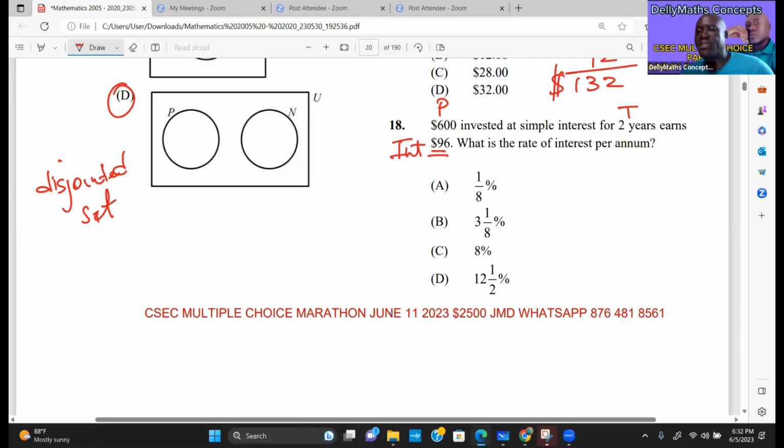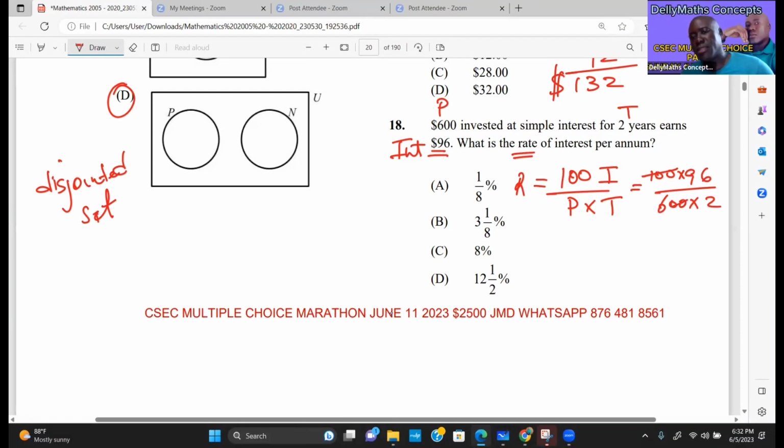Now, the formula says the rate can be found by putting 100 times the I over P times T. 100 times I, which is 96, over P, which is 600, times 2. Simplify, and you find your R.